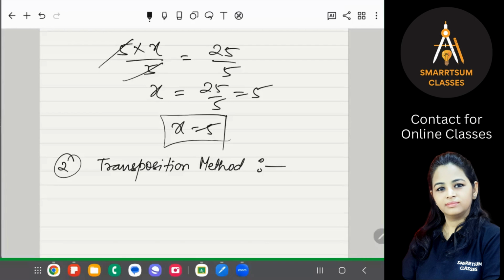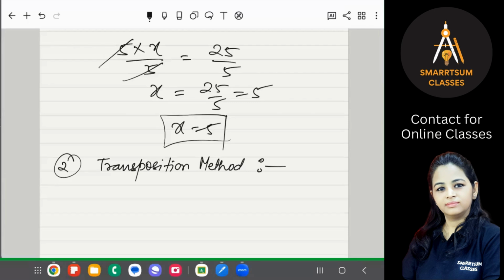Transposition method. Now, what is the transposition method? Ma'am, in this method, we have to get all the x terms on the left hand side and the numeric ones on the right hand side. Yes.